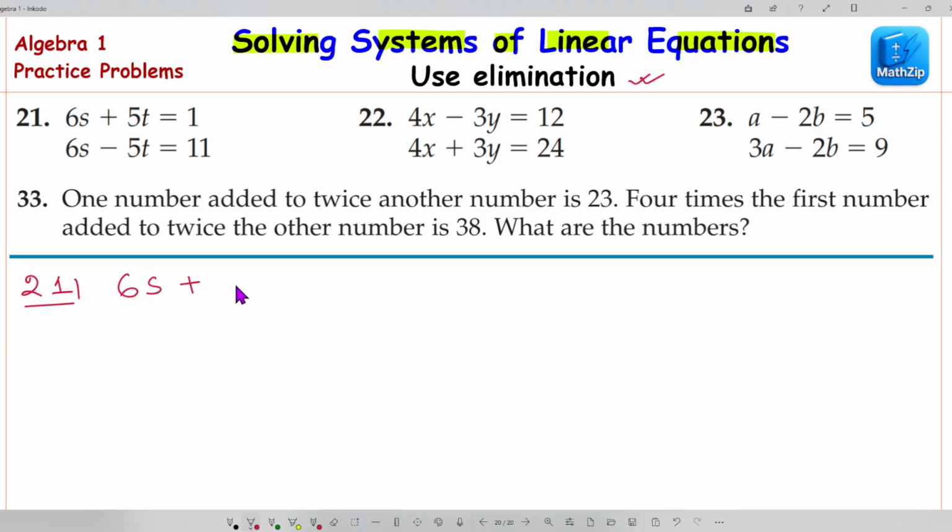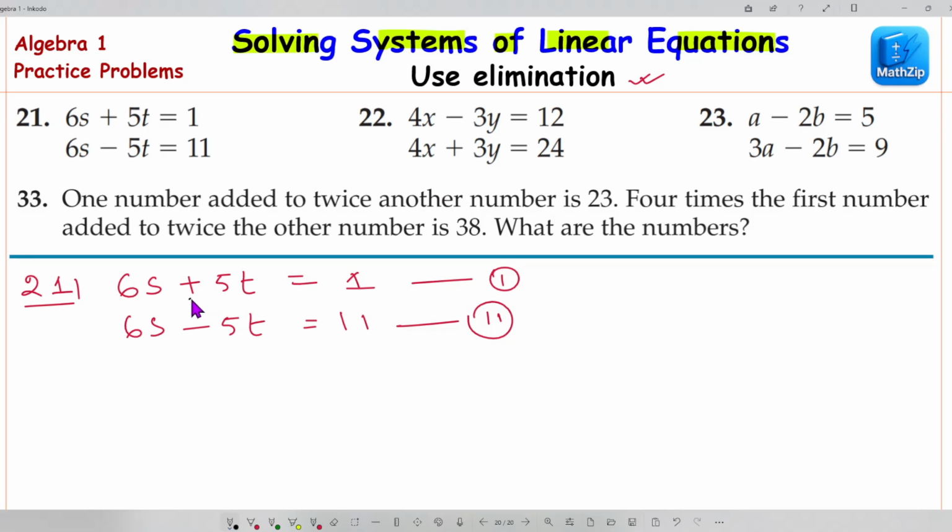6s plus 5t equals 1, which we can consider equation 1, and then 6s minus 5t equals 11, which is equation 2, right? So look, first we have to find out which term we will eliminate.